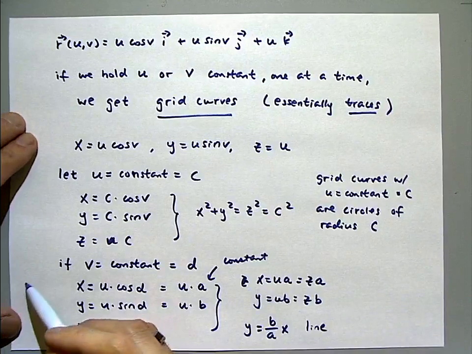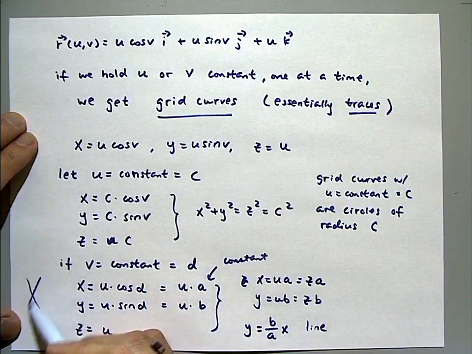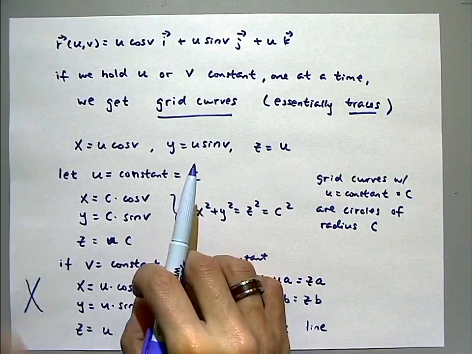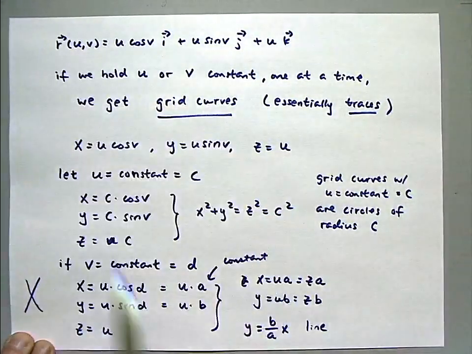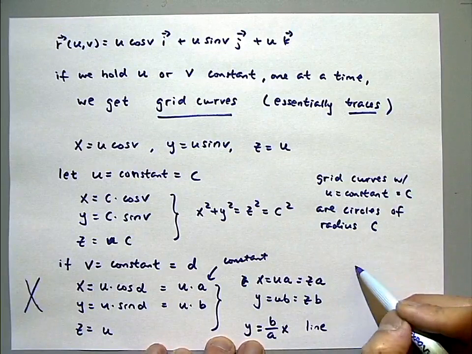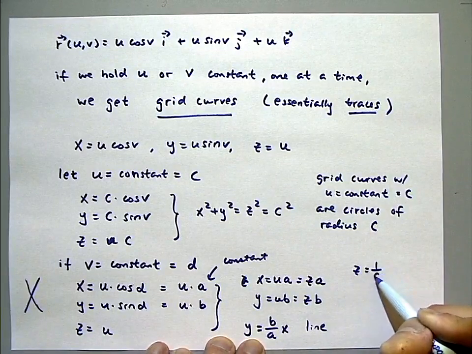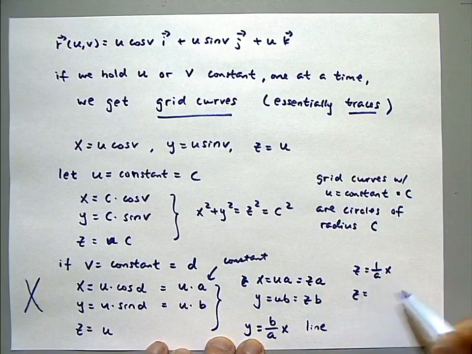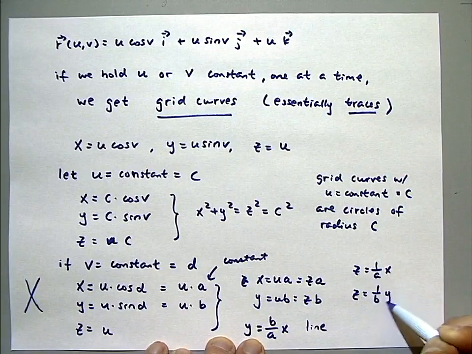Where's my cone? Okay, if you take a slice of the double cone, you see these lines. That's what this is telling you. It also tells us that z is equal to 1 over a times x, or z is equal to 1 over b times y.